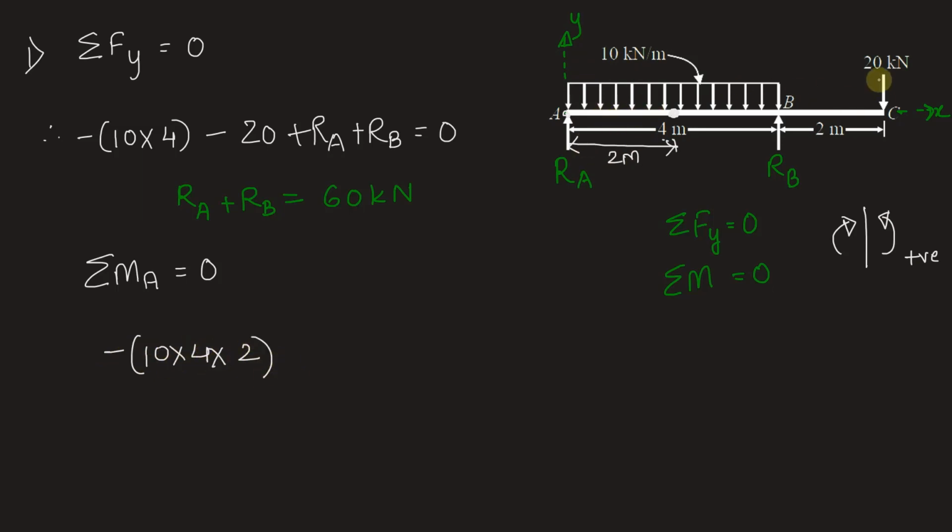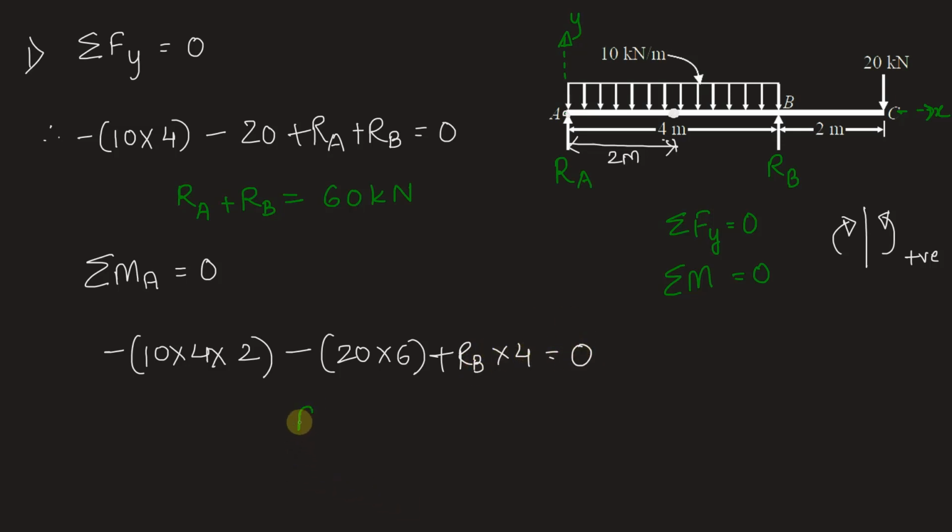This is one. Moment due to the point load 20 kilonewton will be 20 into distance 6 meters. This is also clockwise. So minus 20 into 6. Due to RB, there will be an anti-clockwise moment which will be positive RB into 4. So plus RB into 4 equal to 0.